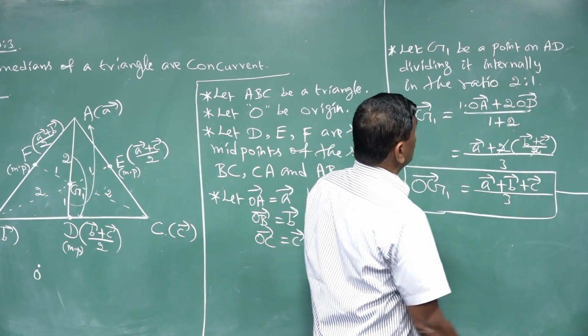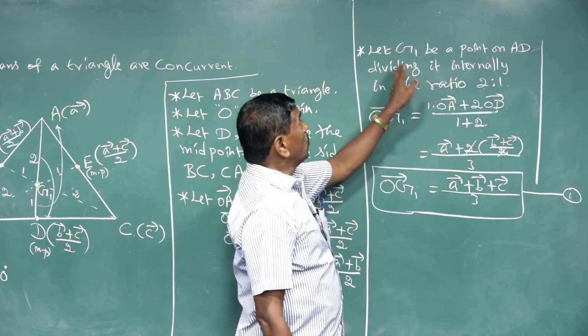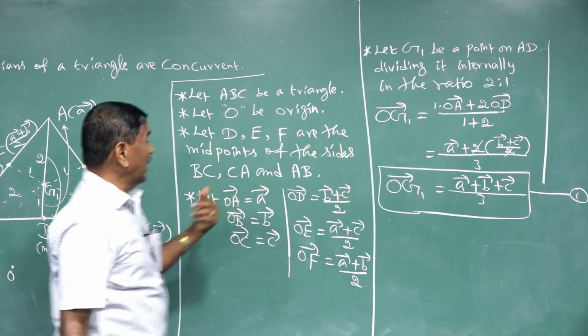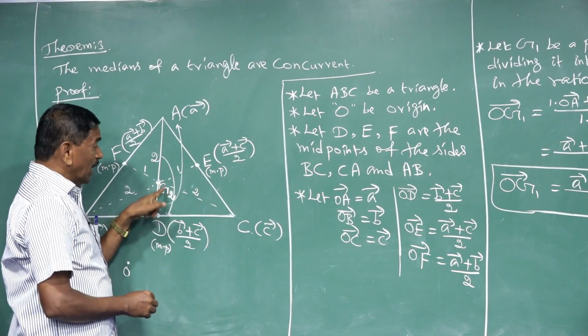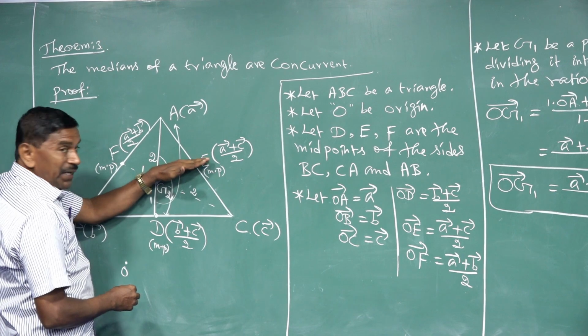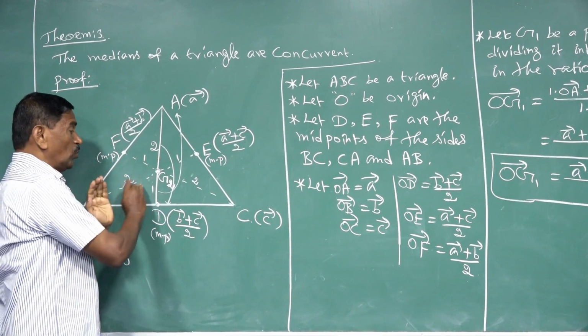Now similarly, come to the diagram. Let G2 be a point on BE, dividing it internally in the ratio 2:1.